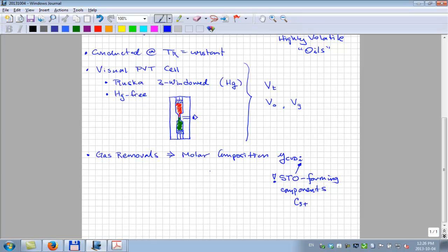And because those compositions are important, and particularly the heavy amounts, when you remove material from this cell, that has to be done in a way that you don't lose any of those heavier molecules as you're taking them out and moving them to some sample container. Okay?